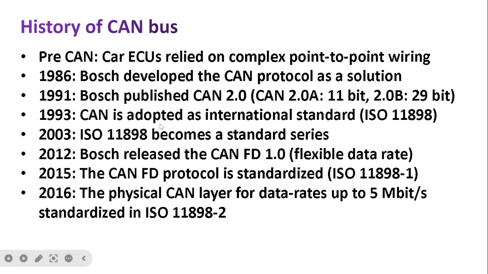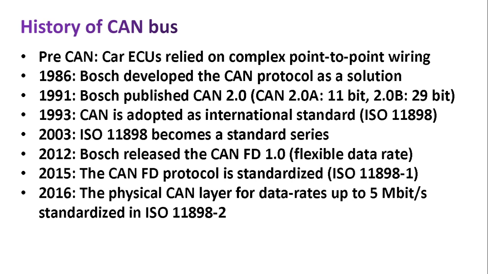In 1993, CAN was adopted as international standard ISO 11898, and in 2003 ISO 11898 became a standard series, and in 2012 Bosch released CAN FD 1.2, flexible data rate.